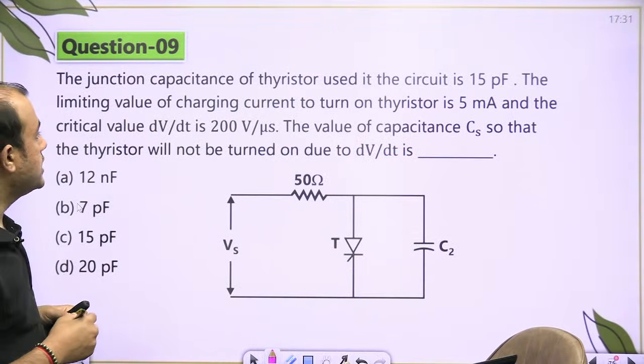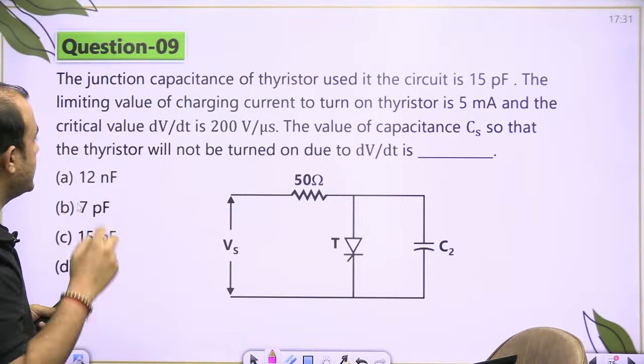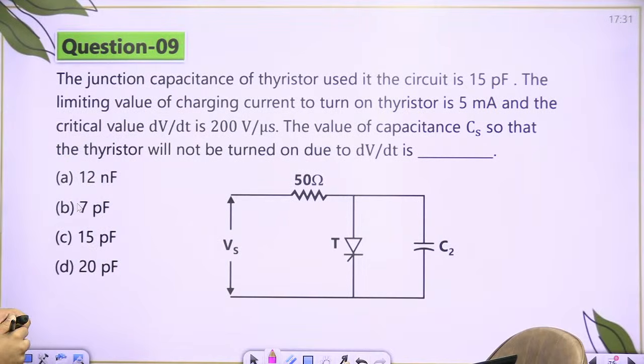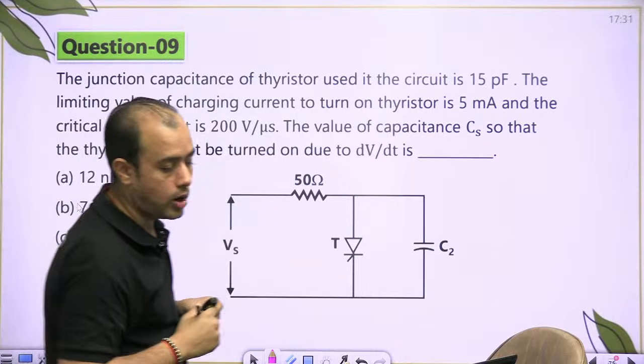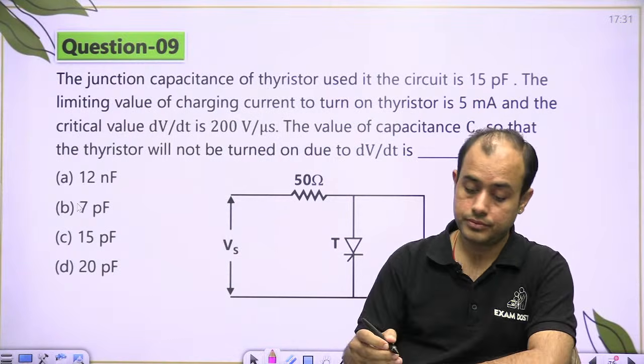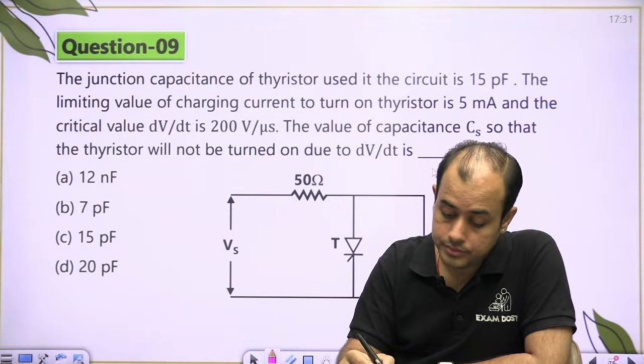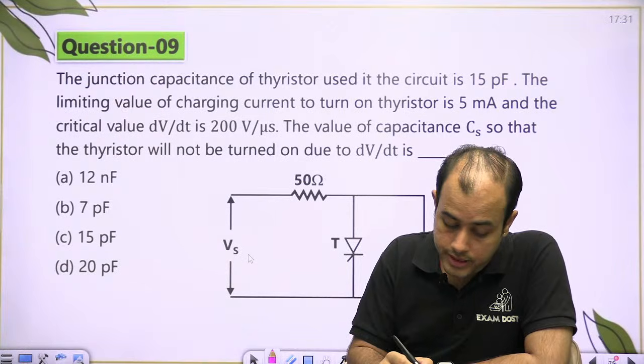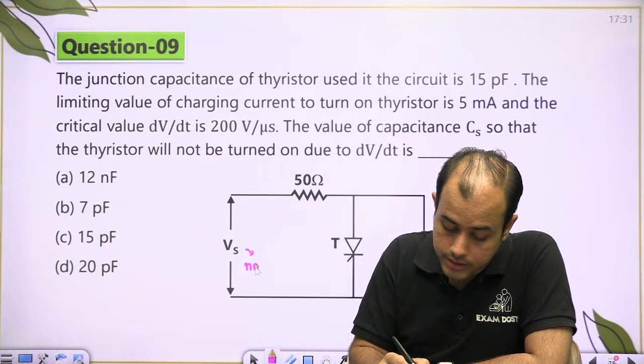Next beta, the junction capacitance used in the circuit is 15 picofarad. Limiting charging current and critical dV by dt is given. Value of CS. So what we know, Vs is not given.